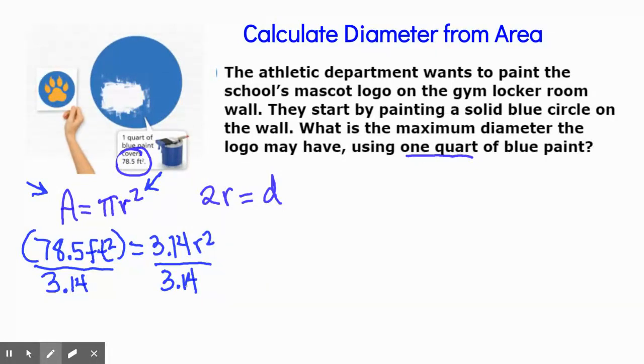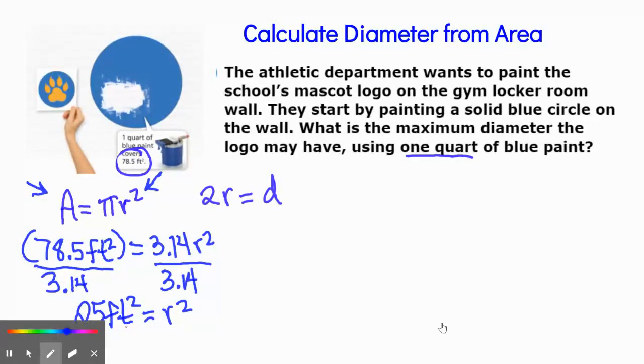So 78.5 divided by pi, 3.14, is 25. Wow, that worked out really nicely. 25 feet squared is equal to r squared. So we can try to take the square root of both sides, but you should recognize that 5 times 5 is 25.